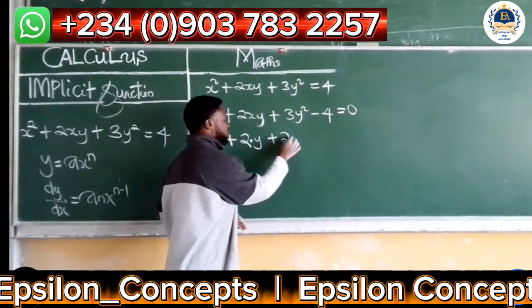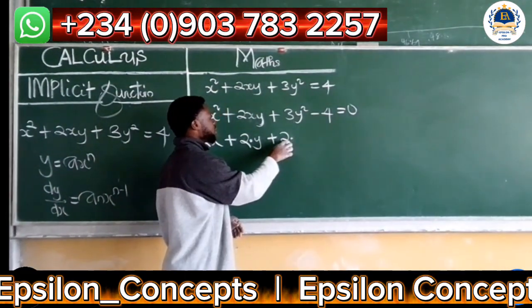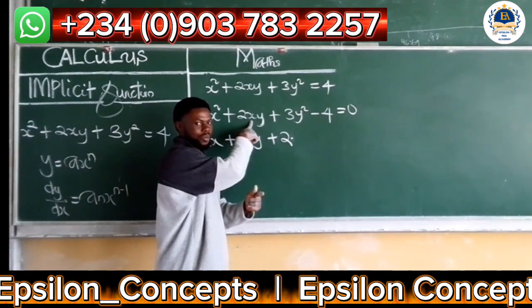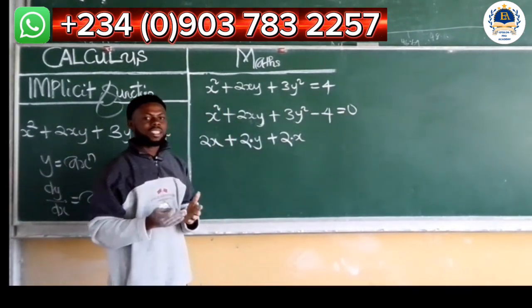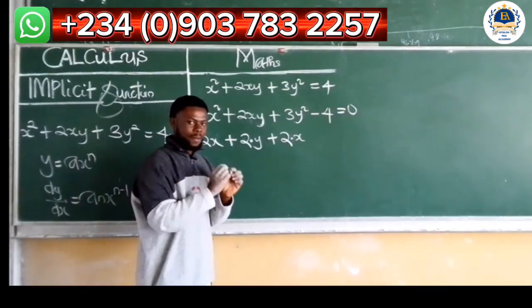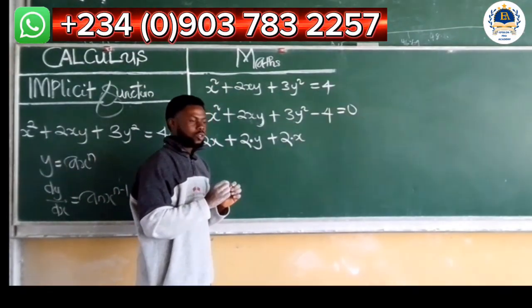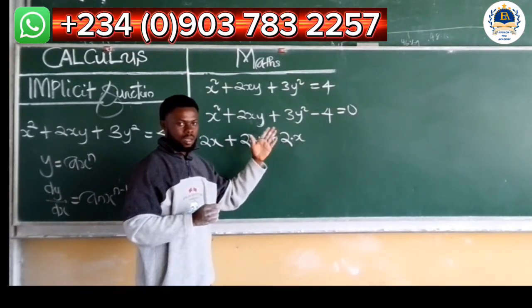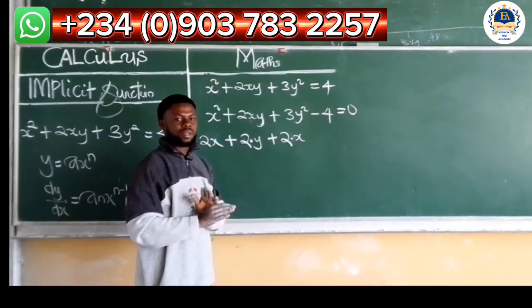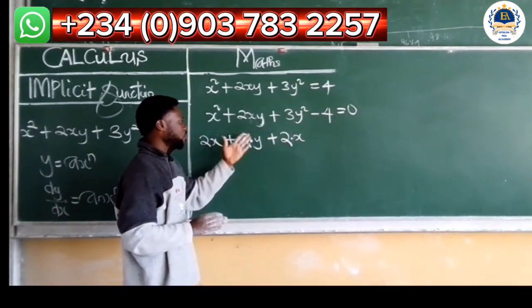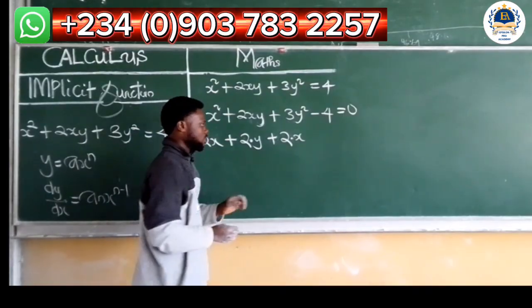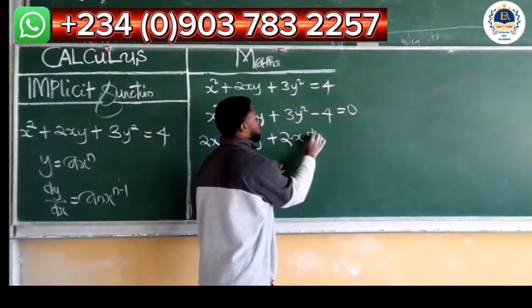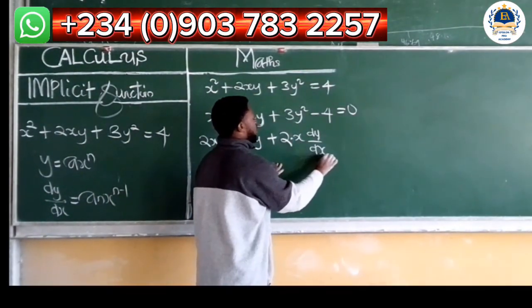Then multiply this by the hidden variable, which is x. Because we are finding the derivation of the y term, always ensure that you attach dy over dx to it. The concept is very simple. When differentiating for y, ensure that you add dy over dx to it. So that becomes times dy over dx.